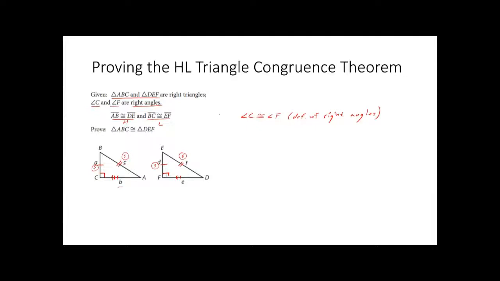They also said that AB is congruent to line segment DE, given. It's always good to start off with what was given to you. And then BC is congruent to EF. Very nice. And now we have two right triangles. Now, to find the missing side of any right triangle, we use the Pythagorean theorem.